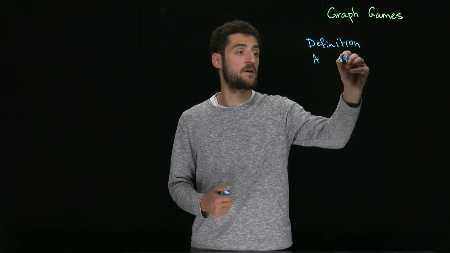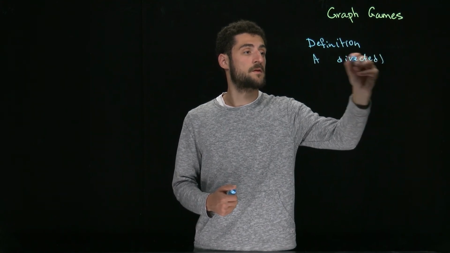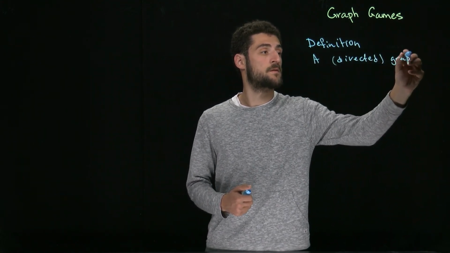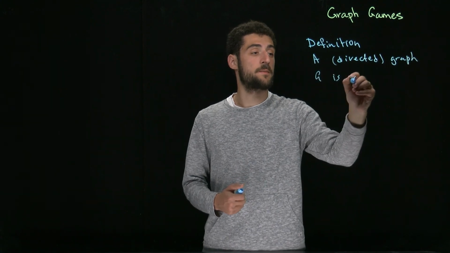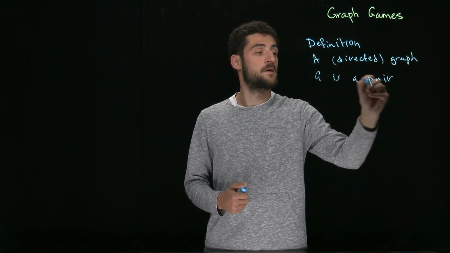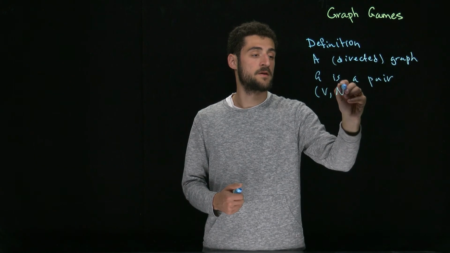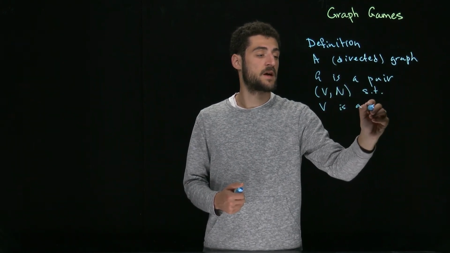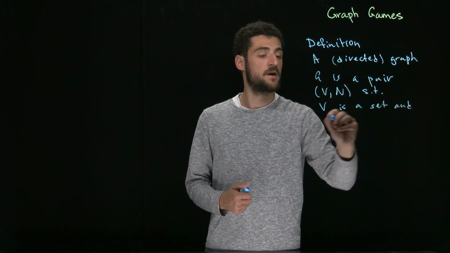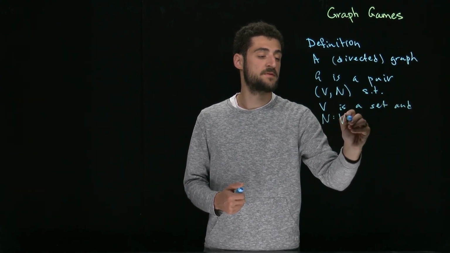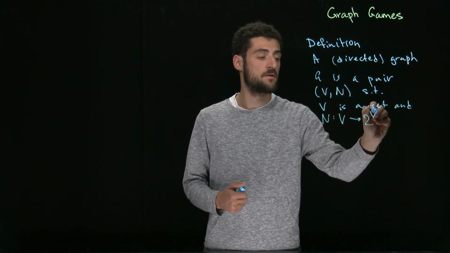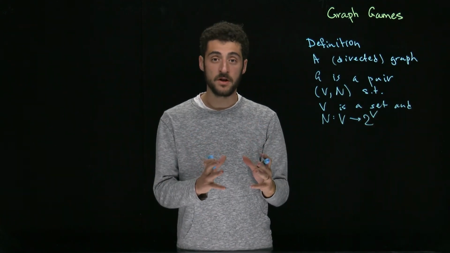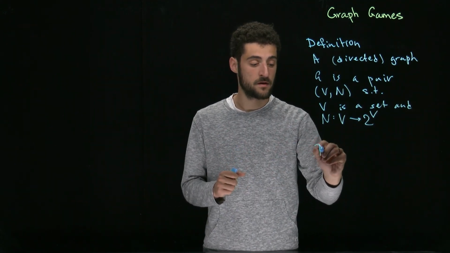A directed graph G is a pair V and N such that V is a set and N is a function that maps V to the set of subsets of V. The game interpretation of this is very simple.